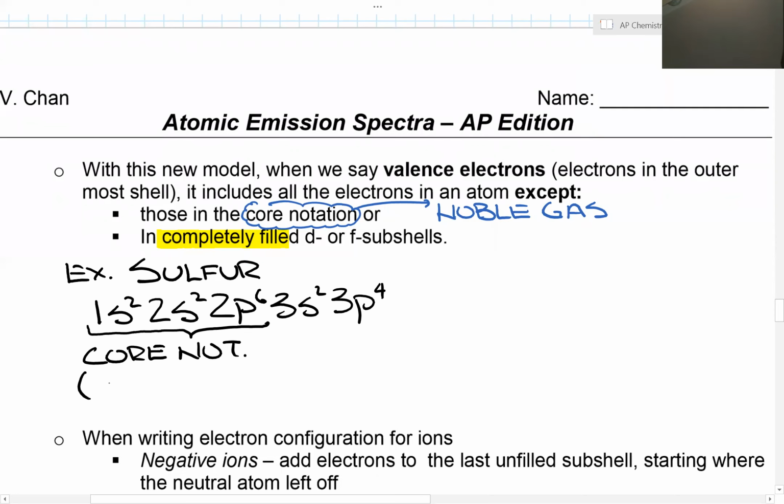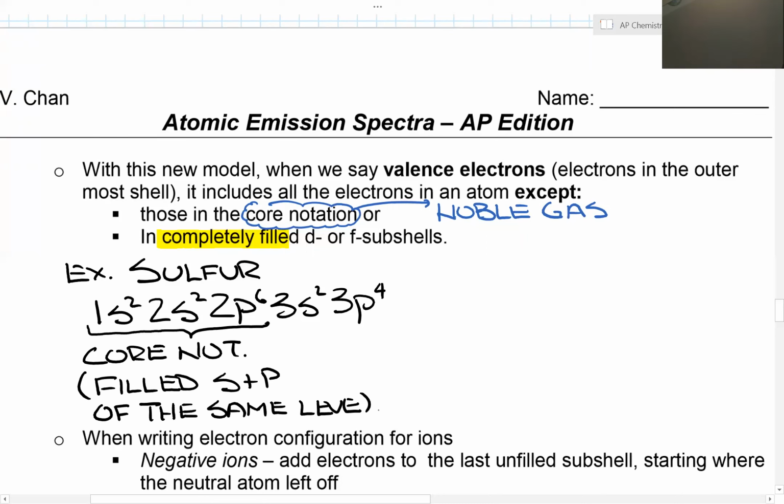Because this is a filled s and p of the same level. Okay, so core notation.